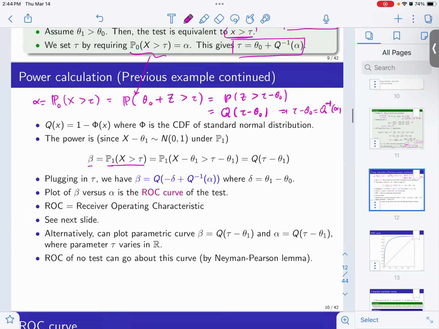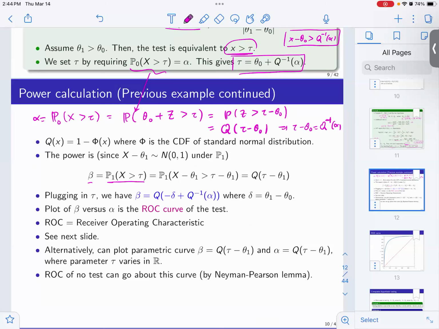That's by definition of the power, which is the probability, and I'm just subtracting theta 1. x minus theta 1 is some z here. So this is equivalent to the probability that a normal random variable z is bigger than tau minus theta 1. This is the Q function applied to tau minus theta 1.